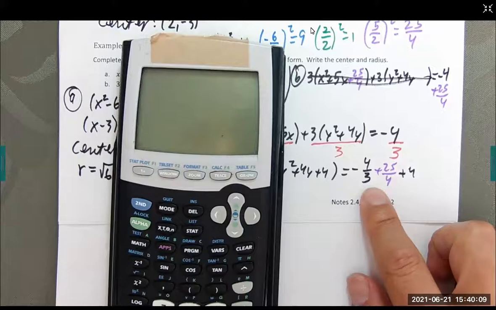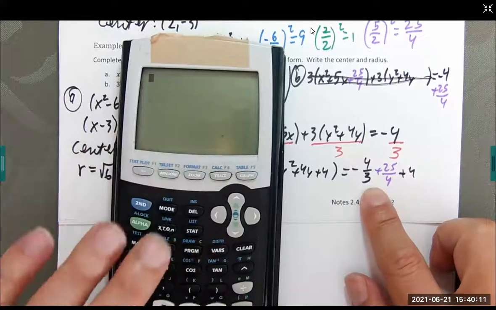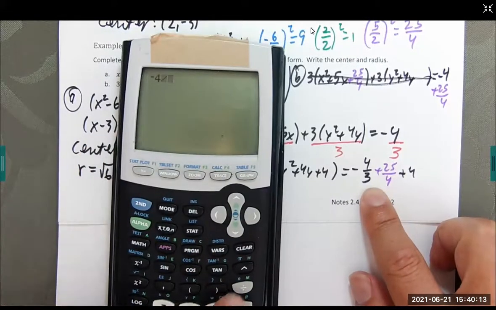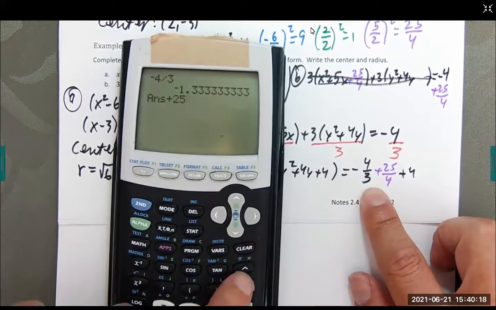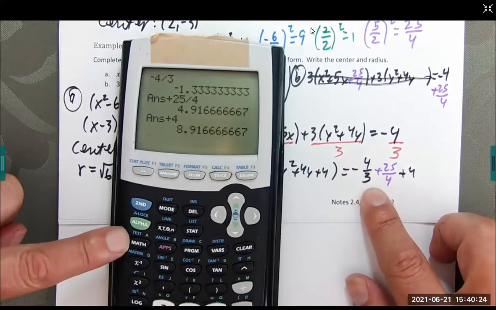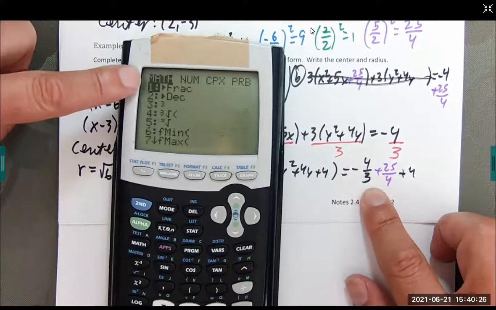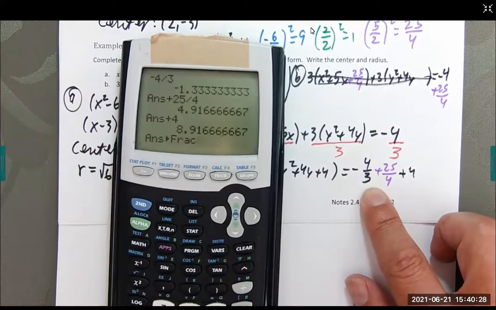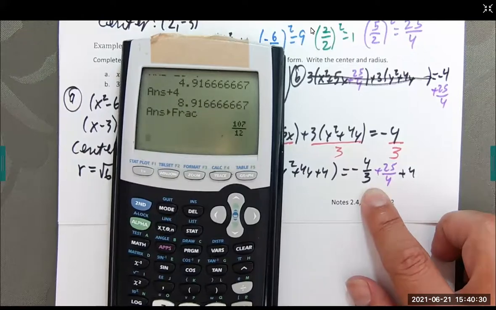There's no fraction key with this particular type of calculator. However, I can do -4 divided by 3 equals plus 25 divided by 4 equals plus 4 equals. And now I have a secret button. If I go to math, I can convert it to a fraction. Isn't that cool?